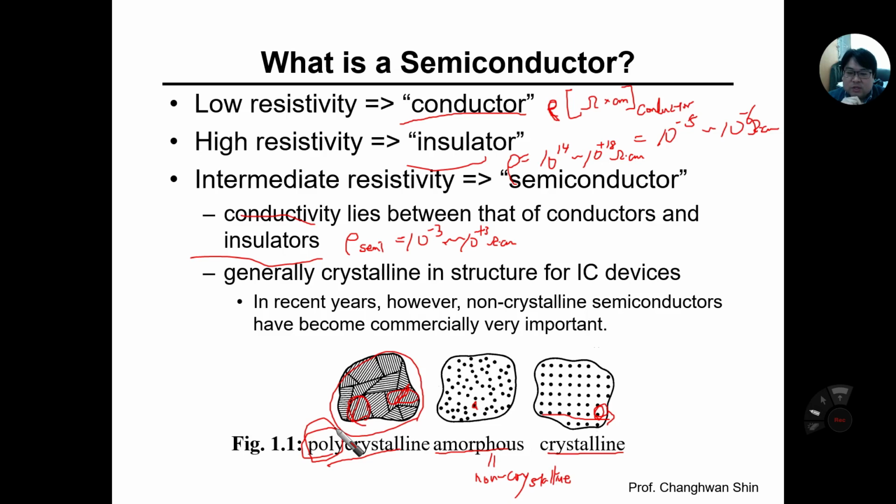One of which is crystalline, the other of which is polycrystalline and amorphous. Okay, so remember the main difference between crystalline, amorphous, polycrystalline. So again, always think about whether the silicon atoms are placed following a certain rule or not. Then you can simply classify the material into three different ones: crystalline, amorphous, polycrystalline.